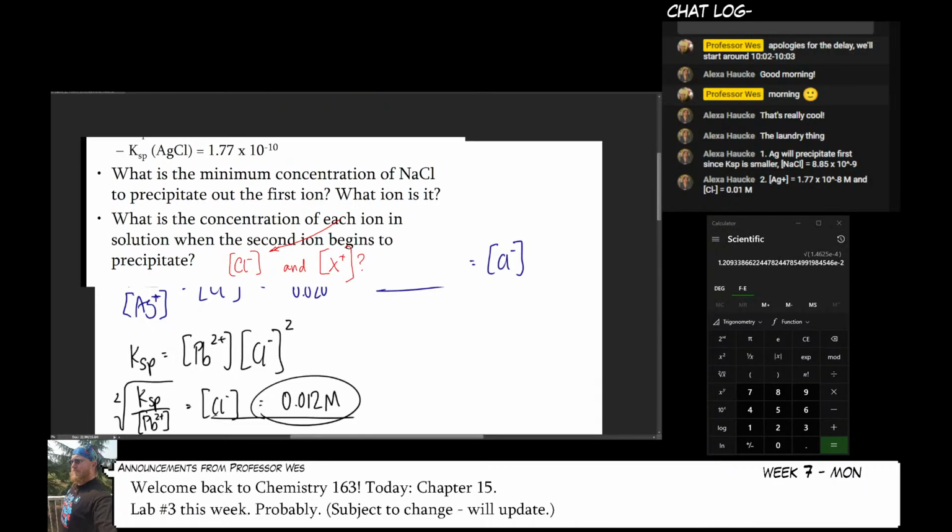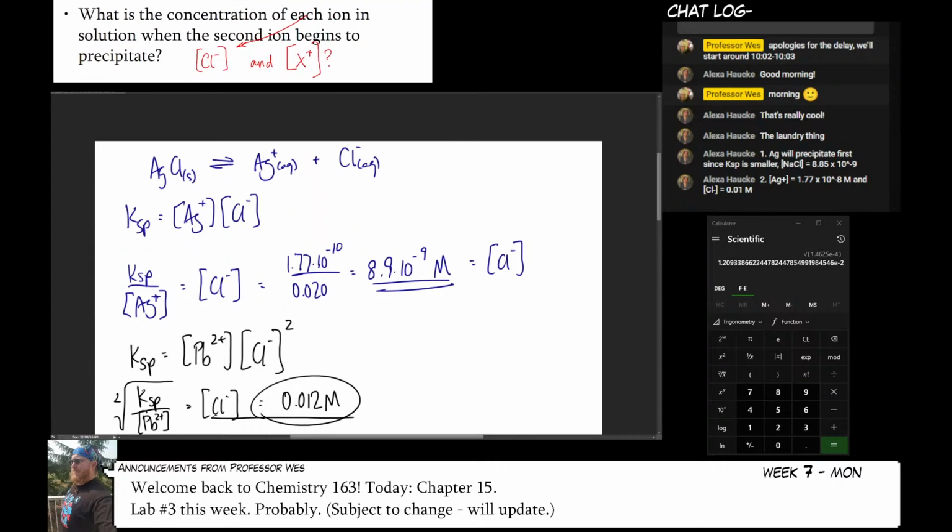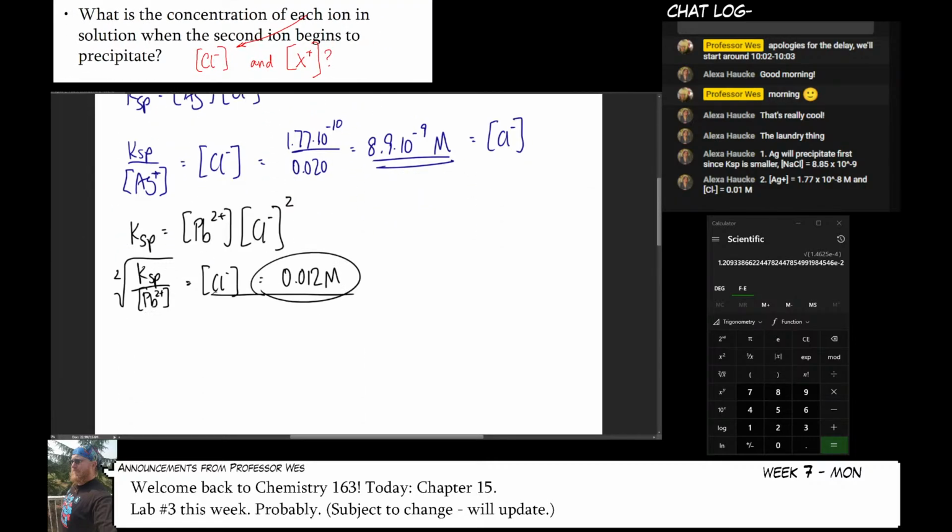And then what would silver be at this concentration? Well, we just take this expression right here. Oh, you know what? Why am I circling it with a pen when I could circle it with this thing and go paste? We'll just put it down there.